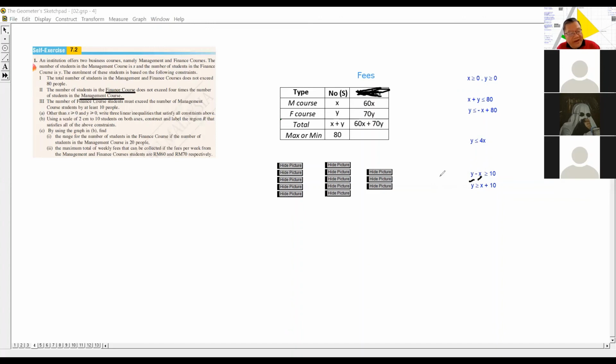So to exceed we use y minus x. Y minus x shows us how much the y must be more than x. So in this case, the y must be more than x by at least 10. So y minus x must be greater or equal to 10.